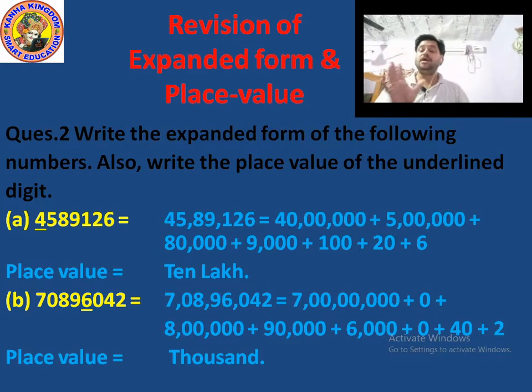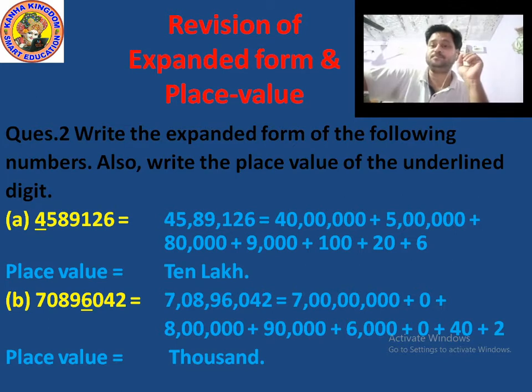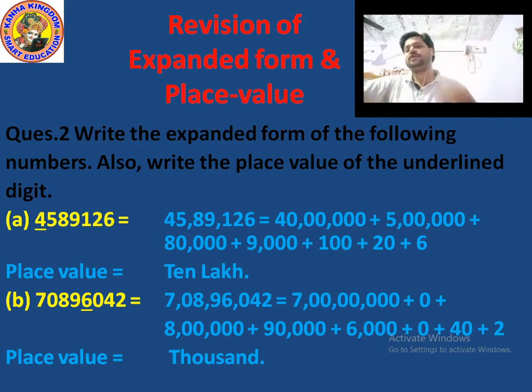Now see how you can expand when you all know the commas in a proper way, then you start expanding the number. Starting from the left hand side, first digit is 4, then whatever the digits after 4, you just convert all the digits into 0, means 40 comma 00 comma 000 plus.